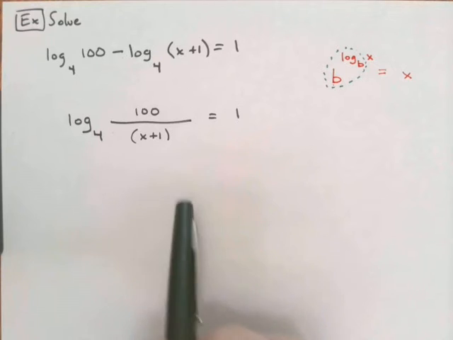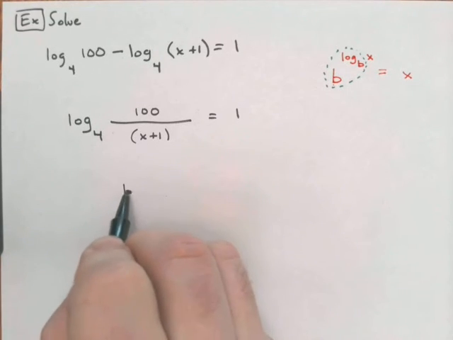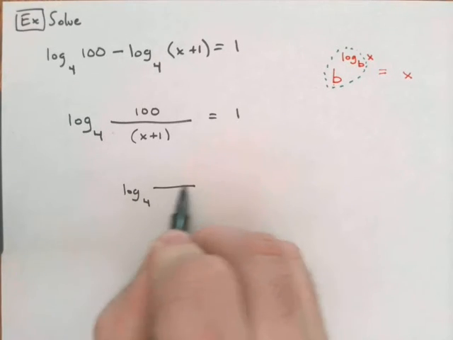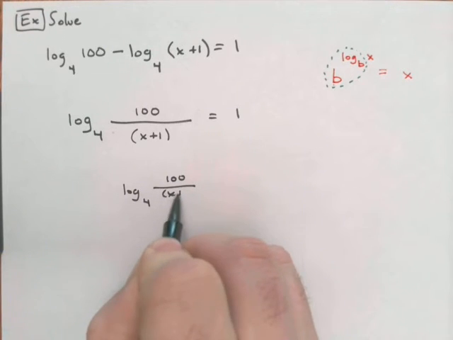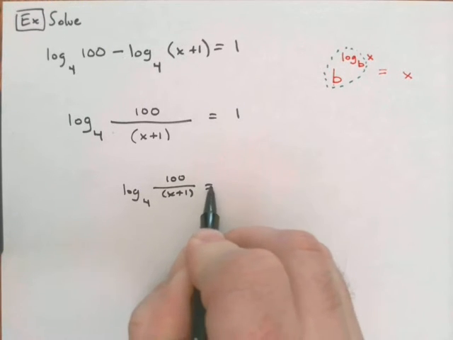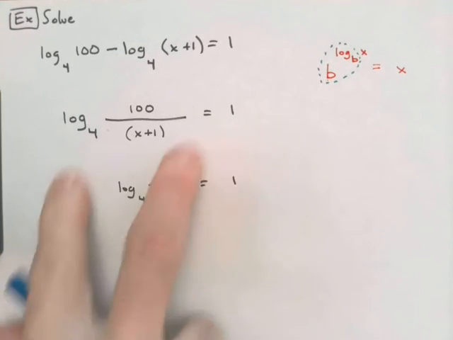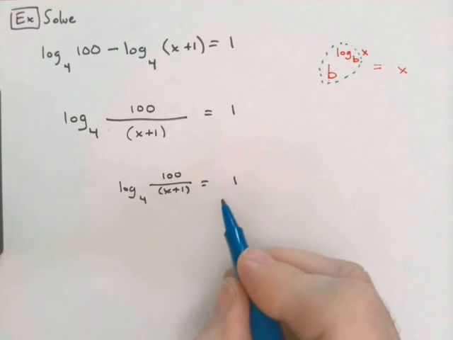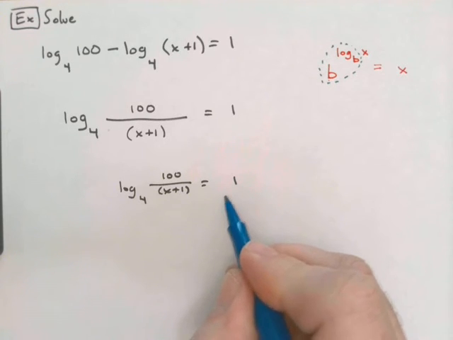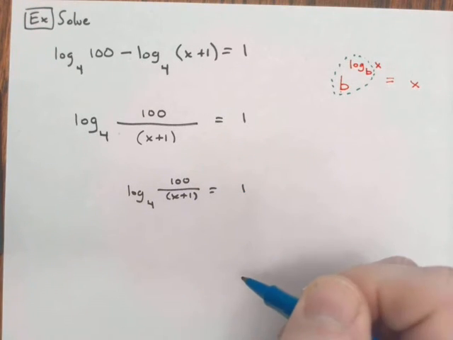into exponents. And what I want to do is take both of them and make them exponents. So I need to write in a base here. This side will become something raised to the first power.